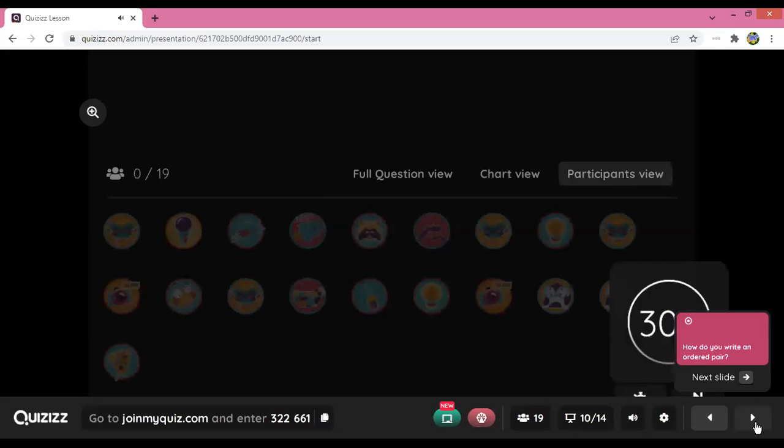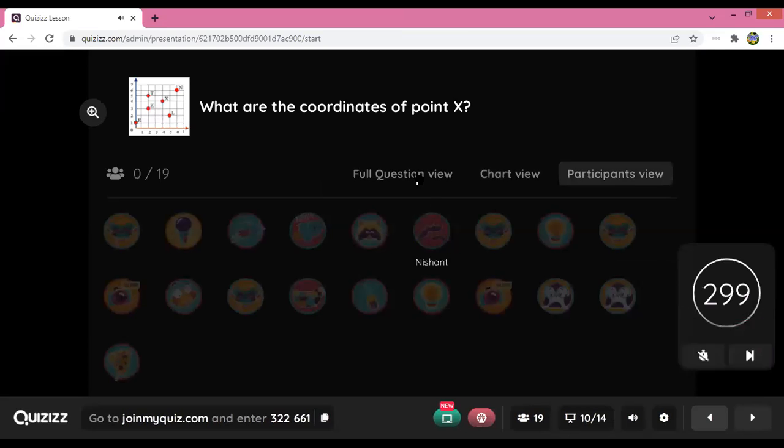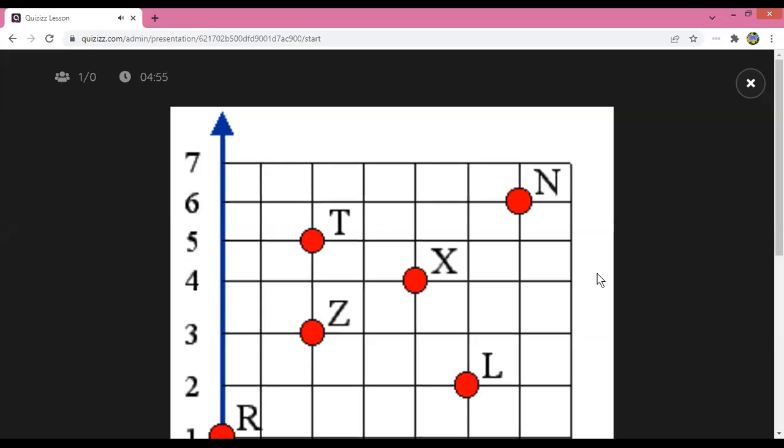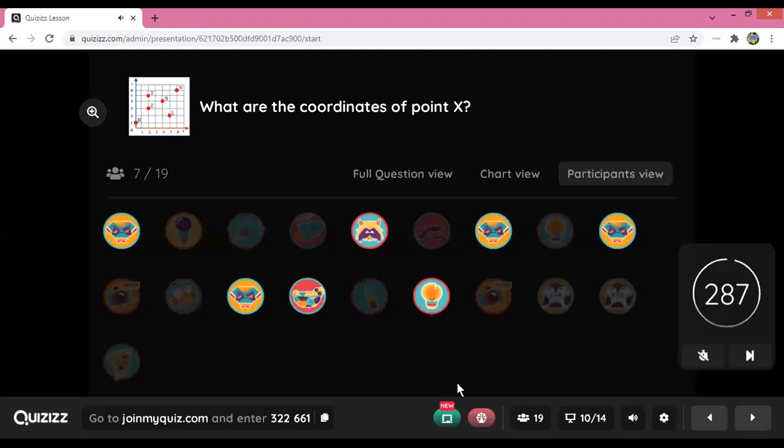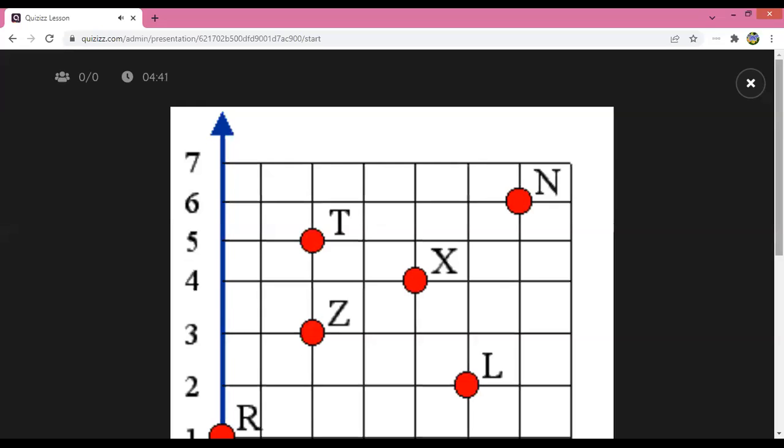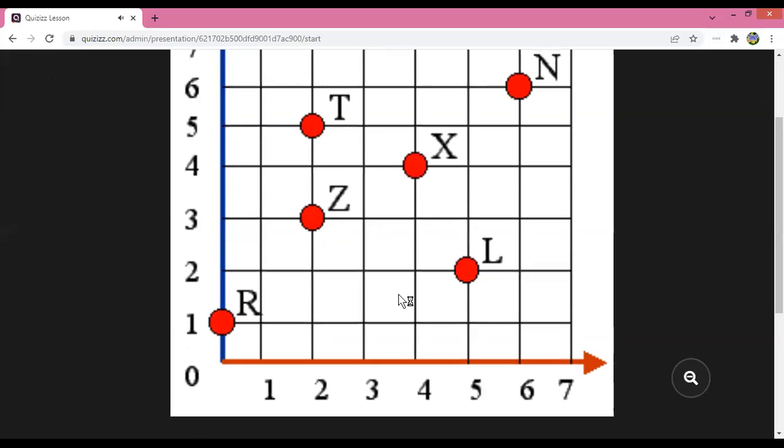What are the coordinates of point X? First look at the x-axis and then look at the y-axis. Always start with looking for x coordinate first. So what is the x coordinate first and then the y coordinate?